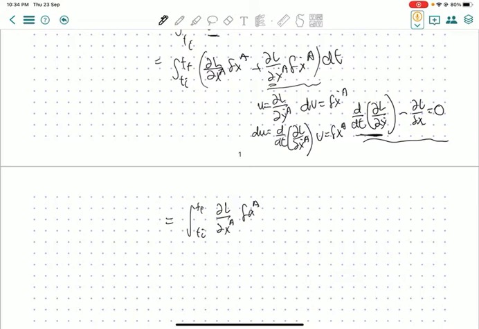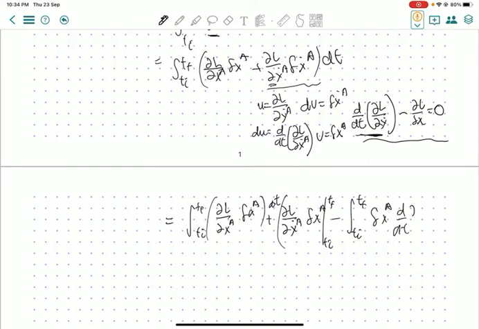So your integral for this guy is going to be partial L, partial X dot A, UV, delta XA, dt, minus the integral TF, TI, and then V du, so delta XA, d on dt, partial L, partial X dot A, dt.